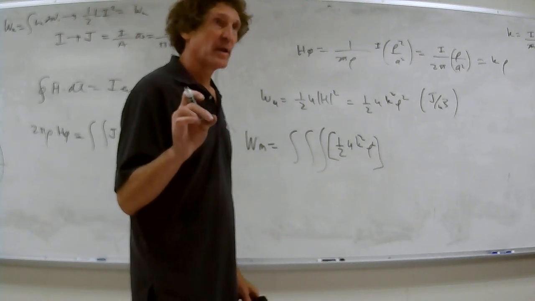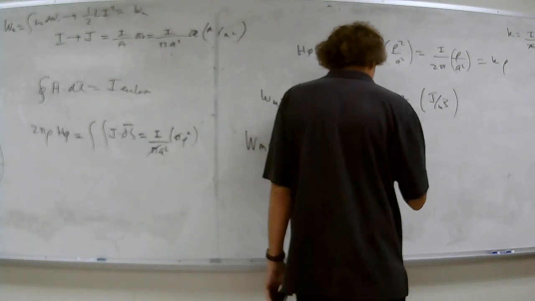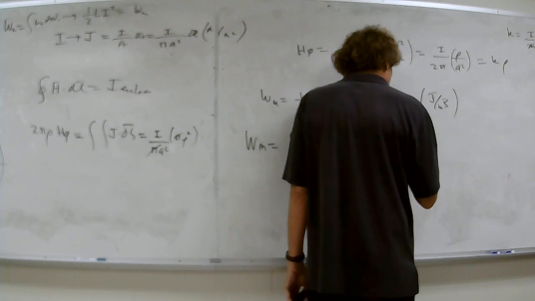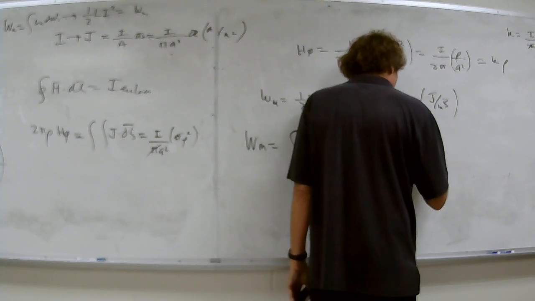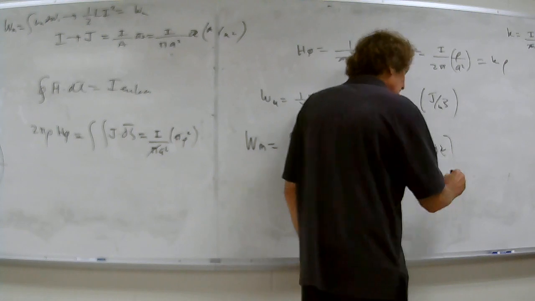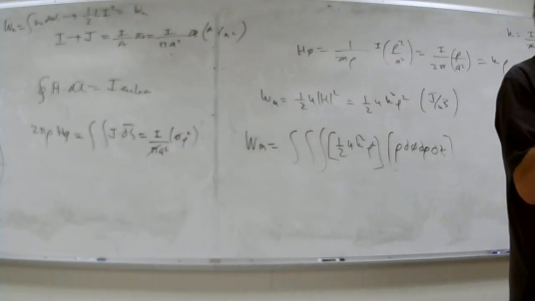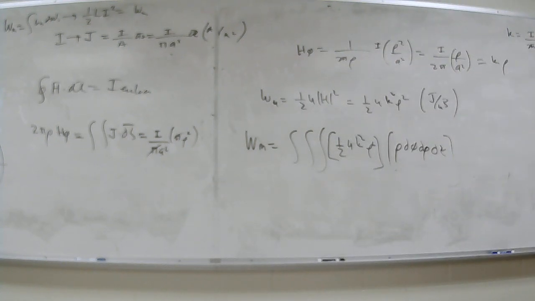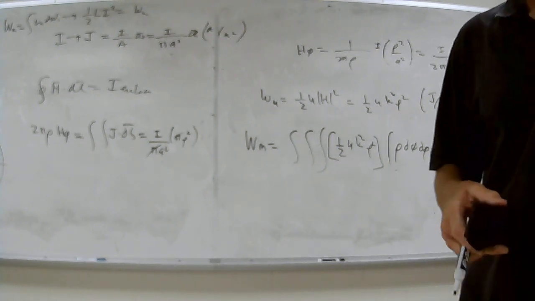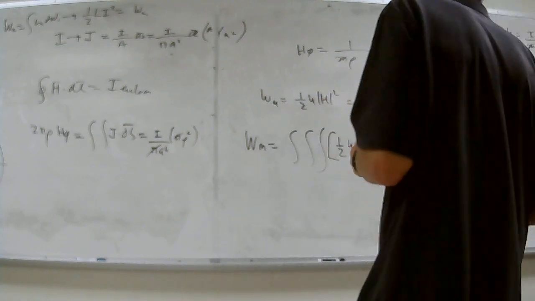A differential volume would be rho d phi d rho dz, right? d rho is radial, rho d phi is azimuthal, and dz is vertical. Not r squared, that's spherical. That's a common mistake. But you all follow me on this? So that's the differential volume.